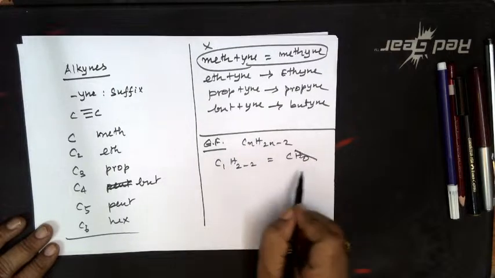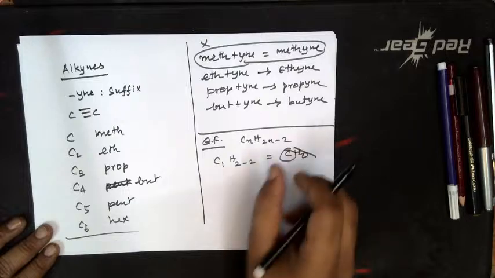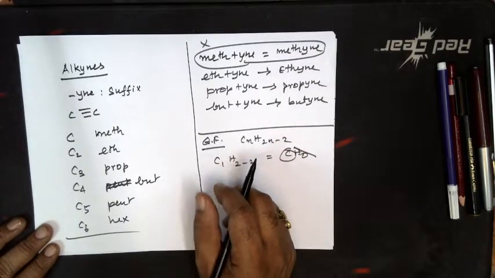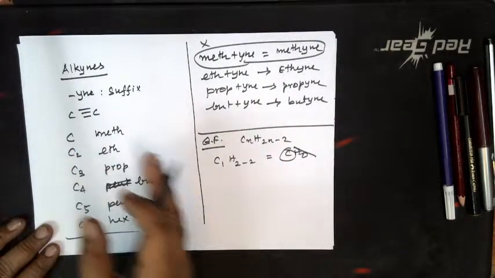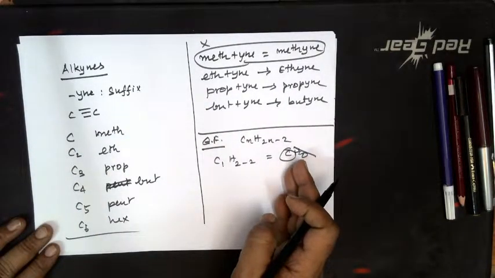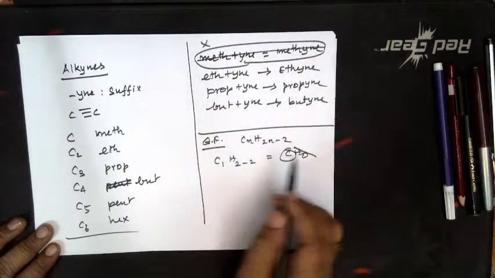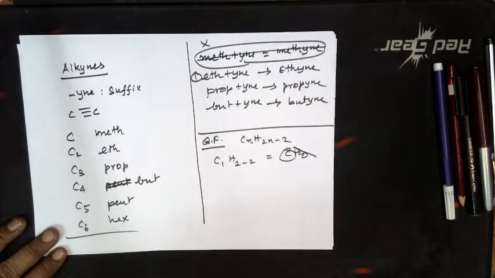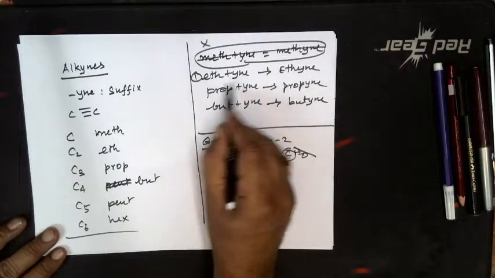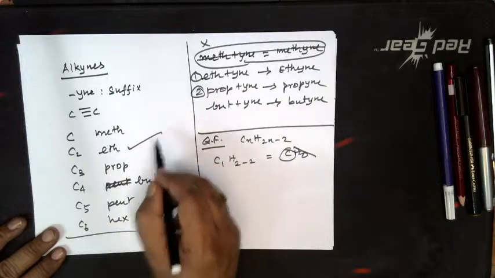So there is no hydrogen, only carbon, so it is not an alkyne. Methyne does not exist because we need a triple bond, and we already have a symbol for carbon. So the first member is not methyne, that is ruled out. The first member starts from ethyne only, with 2 carbon atoms because eth means 2. The second member is propyne.